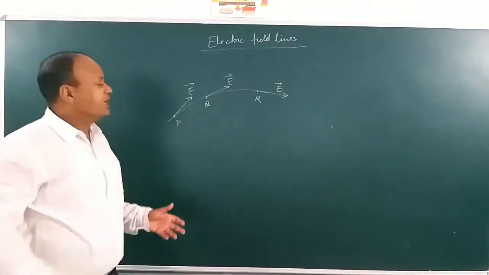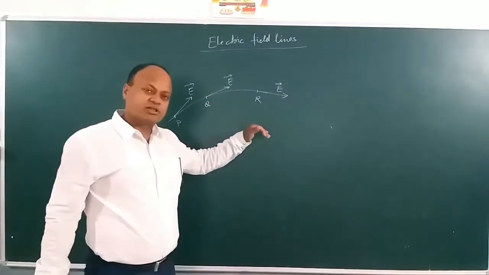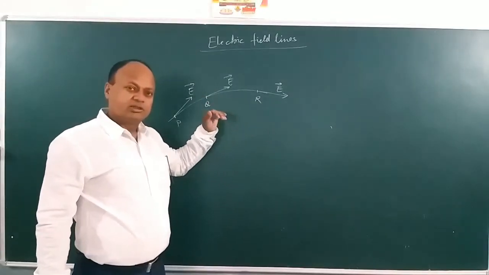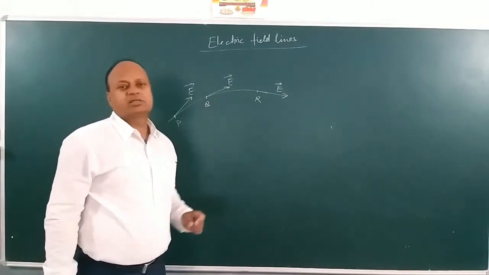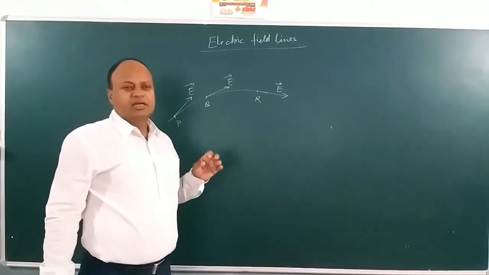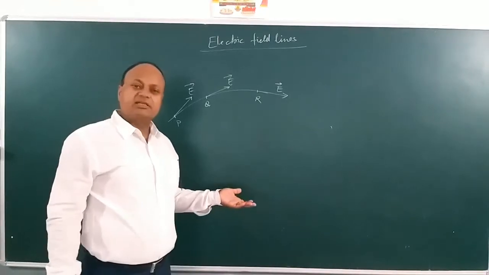So how do we define it? An electric field line is a continuous curve such that a tangent drawn at any point gives the direction of electric field at that point.